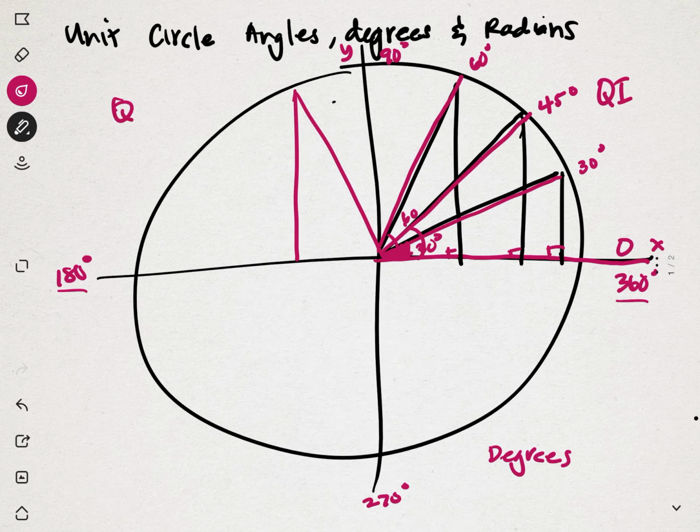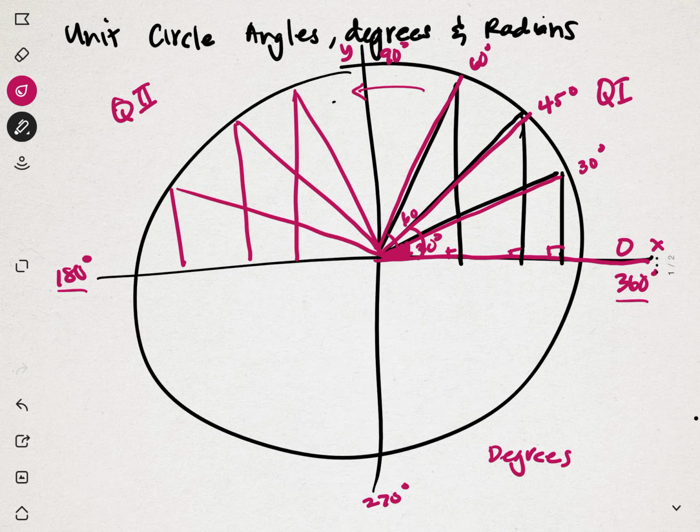In quadrant 2, we're going to do the same thing. These are the same exact triangles, except flipped over the y-axis. Their orientations are the same. The angles are the same. It's just they're in a different quadrant.